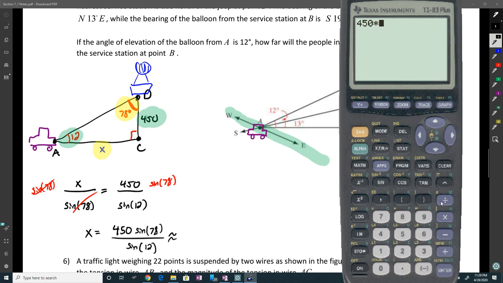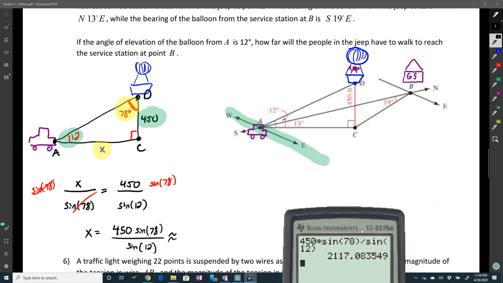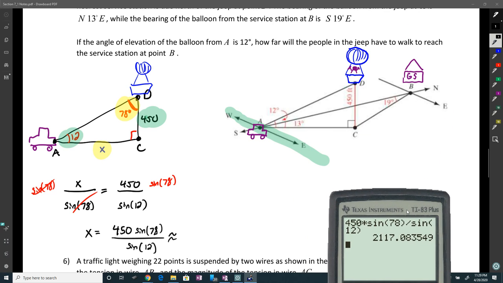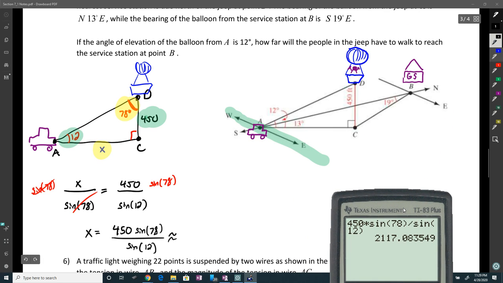So 450 times sine of 78 divided by sine of 12. 2,117. So that's a huge number, so I'm just going to have 2,117. And this is in feet.